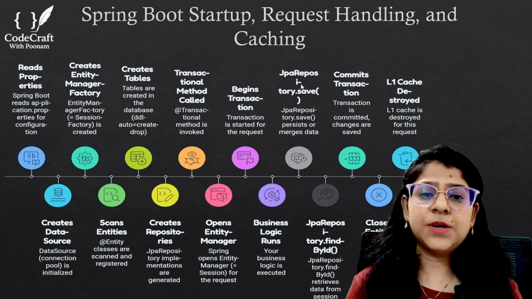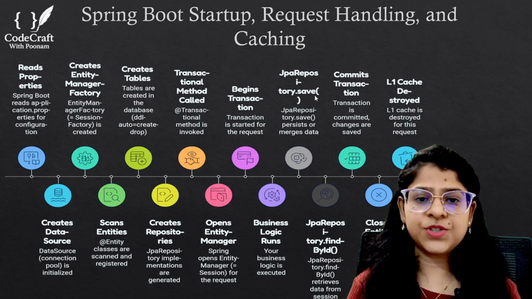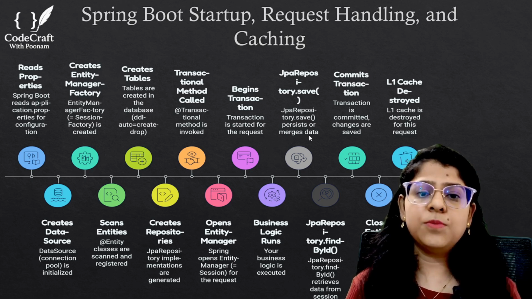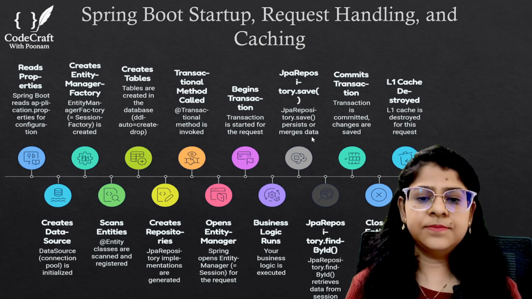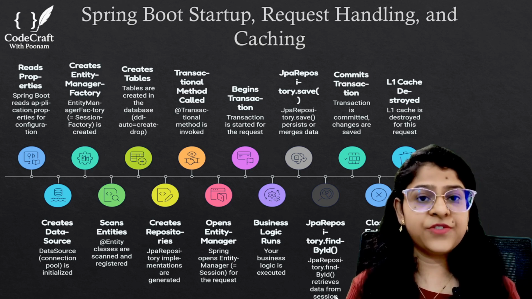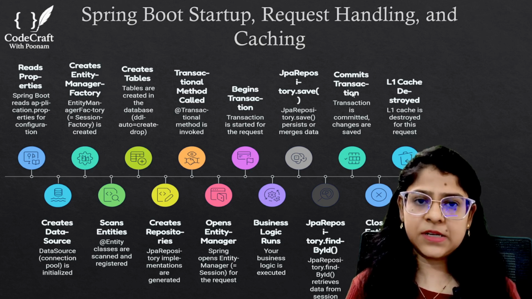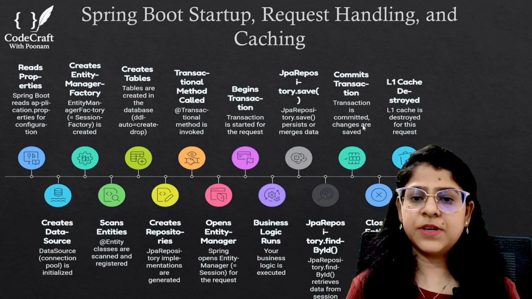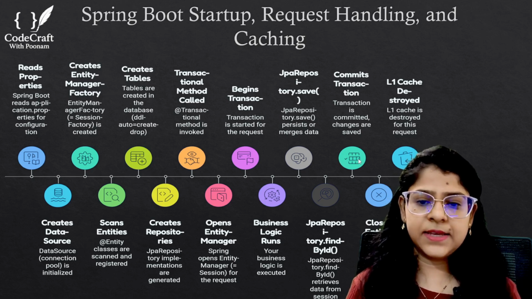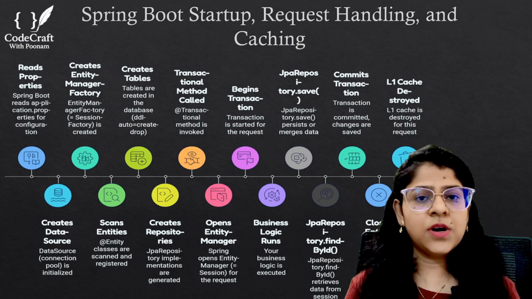After that, in JPA repository we used the save method, so JPARepository.save will persist or merge your data, and then JPARepository.findById will retrieve the data from the session. Then the transaction is committed, changes are saved, and the entity manager is closed. The session is closed for your request.